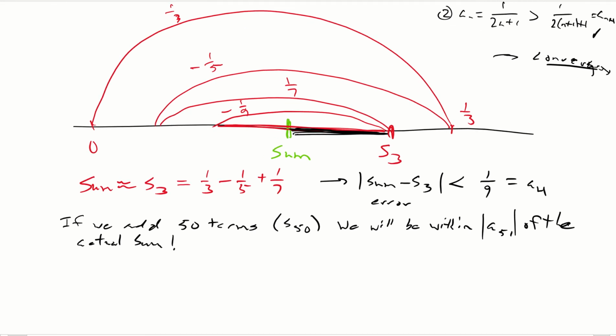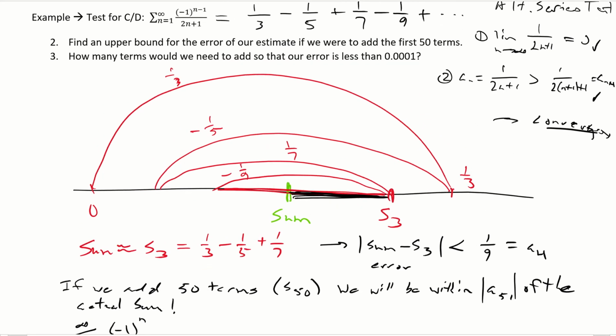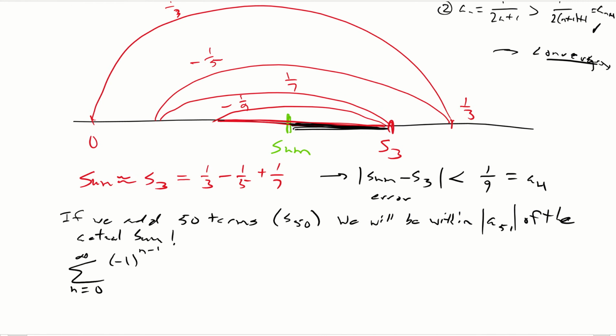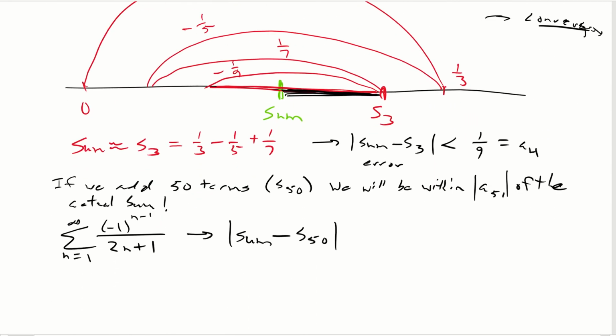So I'll do problem 1, or whatever it's numbered. We have a series, the sum of (-1) to the n, from n equals 0 to infinity, and downstairs we have 2n plus 1. So if we estimate the error, the sum S minus S50, remember the problem is saying, what's an upper bound for the error if we go out 50 terms, is going to be less than the absolute value of the 51st term.